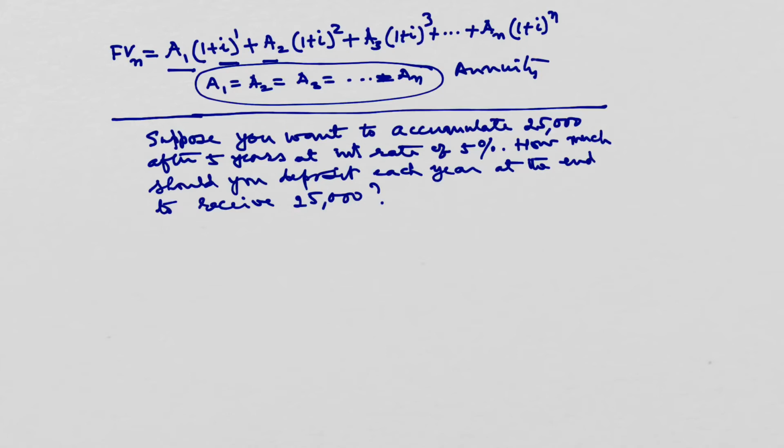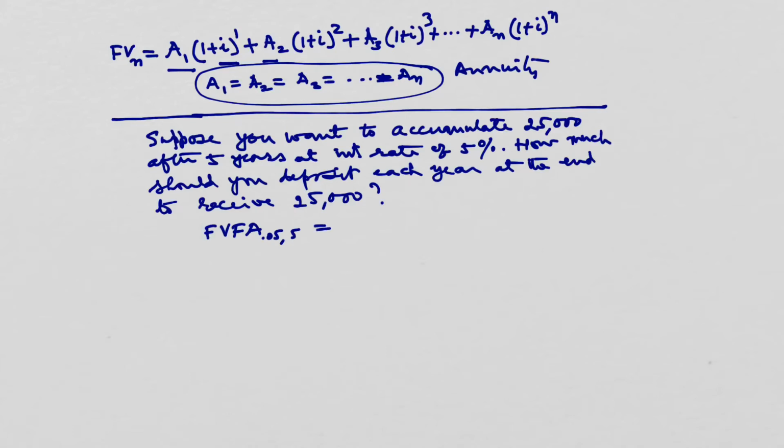If you go by annuity factor, you can find out the annuity factor. Let's take the future value or compound value factor for annuity. In this case, your rate is 5% and number of years is 5.